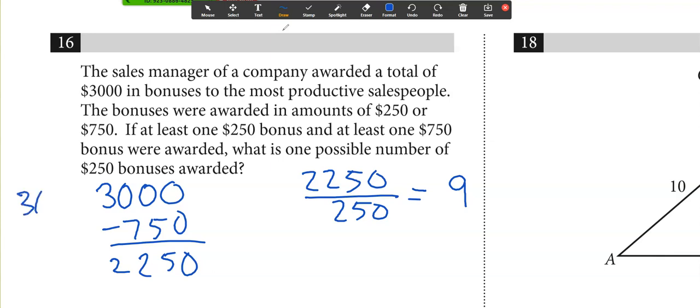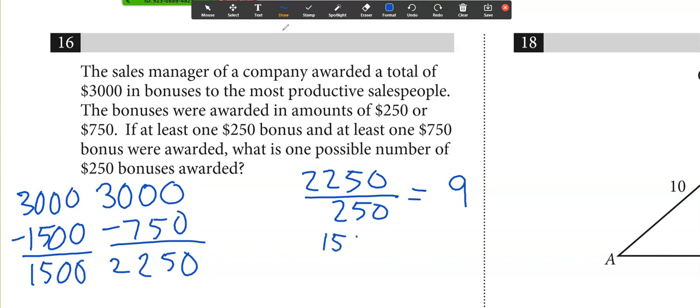But what if I decided to do 2 of those $750 awards? If you take $3,000 and take away $1,500 because you gave 2 of those awards out, how much are you left with? I really hope you say $1,500, right?